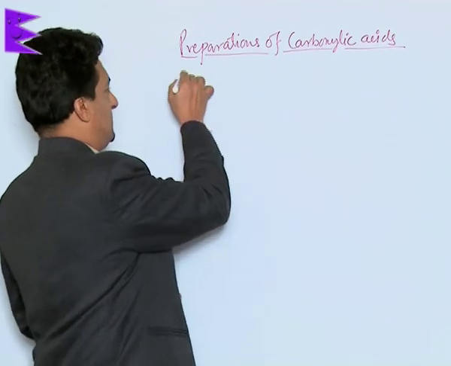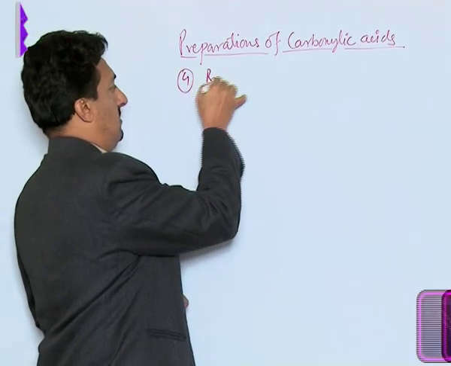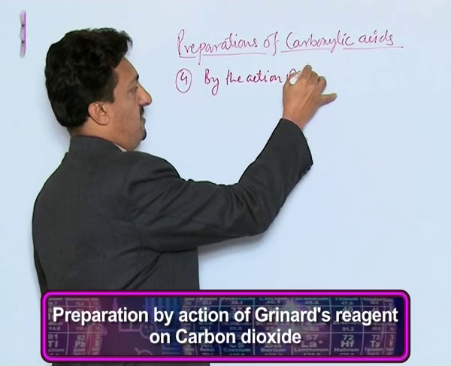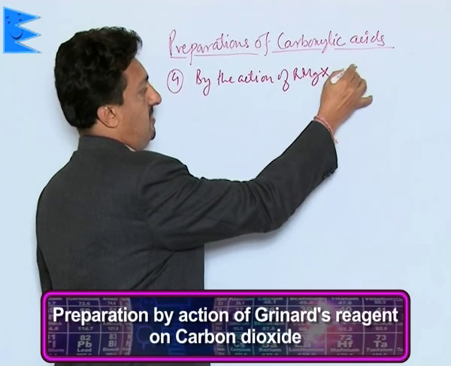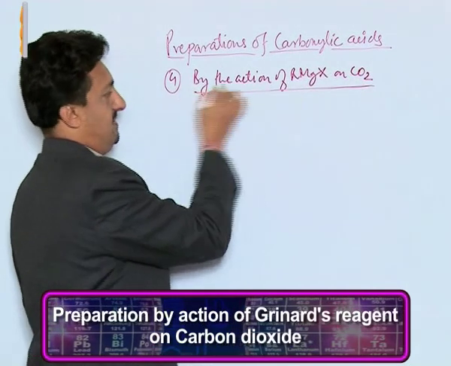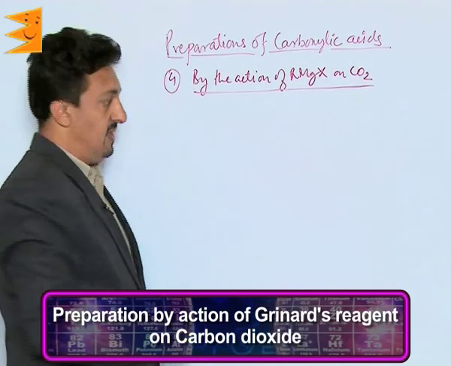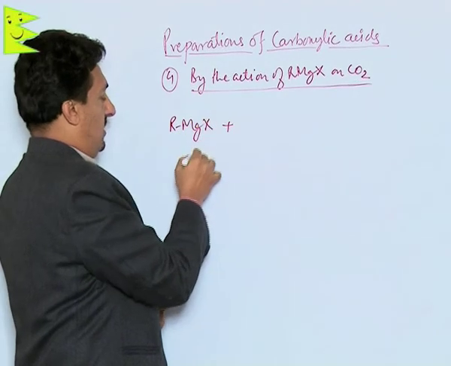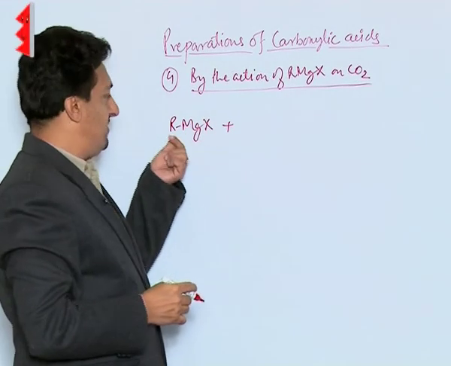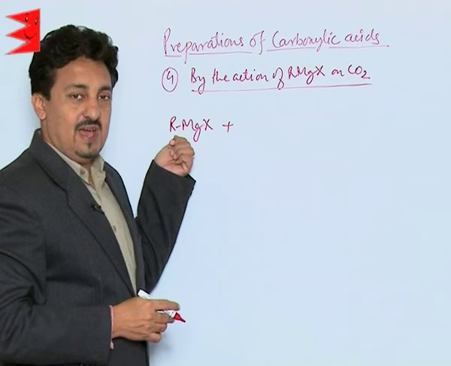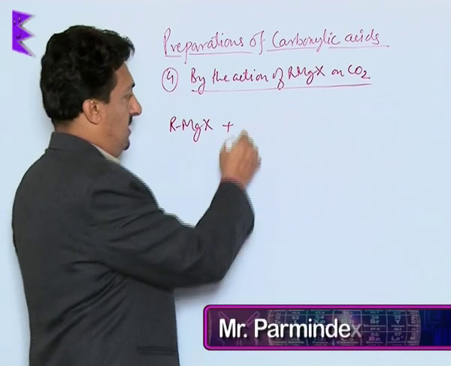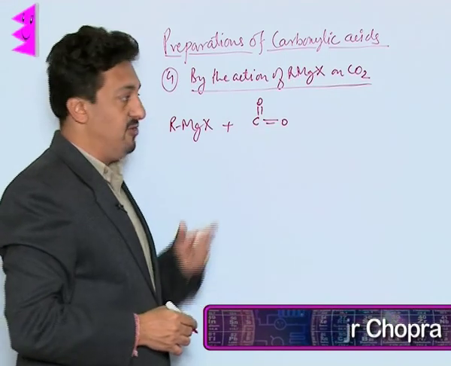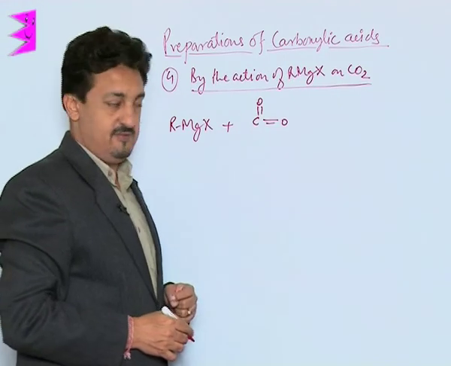The fourth method is by the action of Grignard's reagent on dry ice, CO2. See, Grignard's reagent we know is a polar molecular species in which the alkyl chain comes out as a nucleophile. Now, every CO2 molecule's carbon is electron deficient due to the more electronegative oxygen atoms.